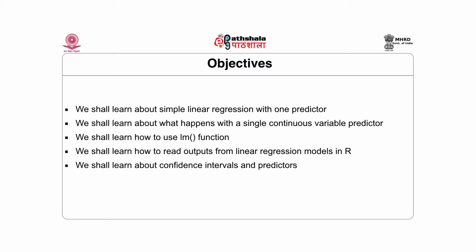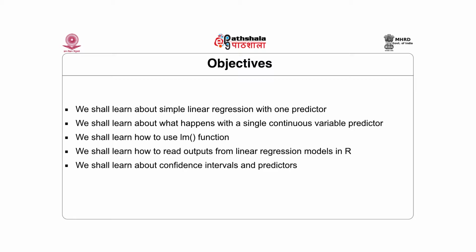Some people use that term, but we would prefer to use the term outcome variable, and we'll say one predictor variable. And both these variables, that is the outcome variable as well as the predictor variable, are continuously distributed variables. So these are all continuous variables. So we shall learn about what happens when you use a single continuous variable as a predictor.